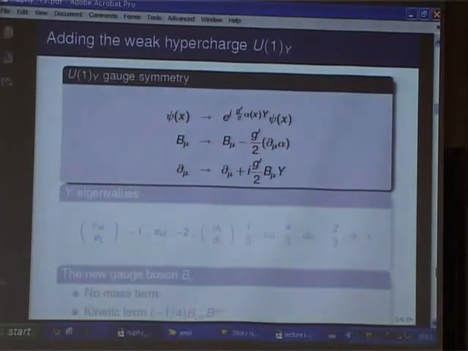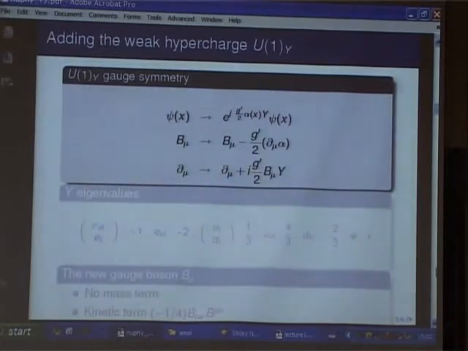Strictly speaking, Y is an operator, and Y acts on the field and gives some value. The hypercharge of, let's say, the electron is -1. This means that Y acting on the electron gives you minus the electron. So Y acting on psi E gives you minus psi E, as in the wave function.